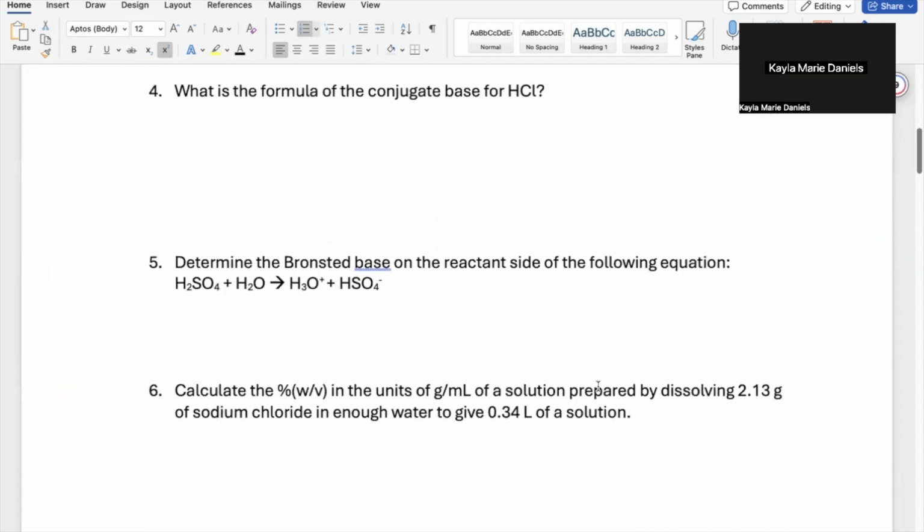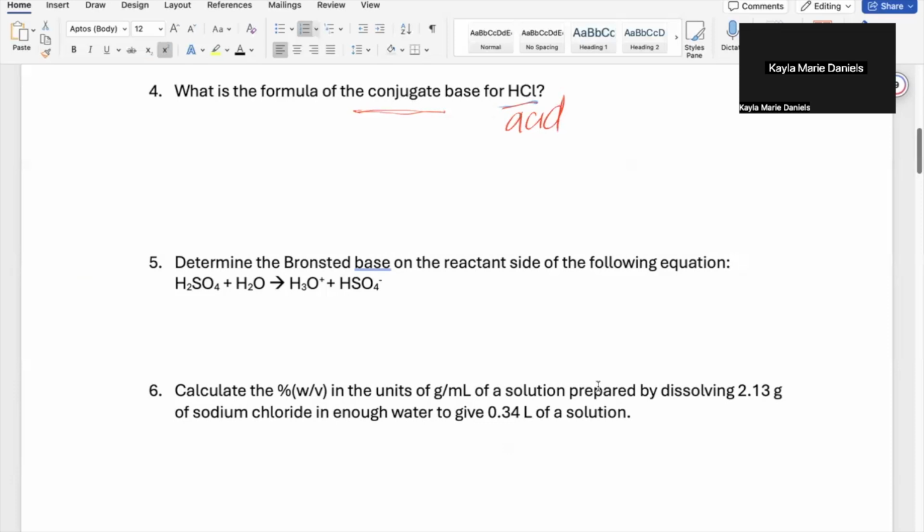Okay, so what is the formula of the conjugate base for HCl? So HCl, let's go back to this red. HCl is an acid, and for a conjugate, whatever you're doing, you do the opposite of it. So if it was a base, you'd be making an acid, and if it was an acid, you're going to be making a base.